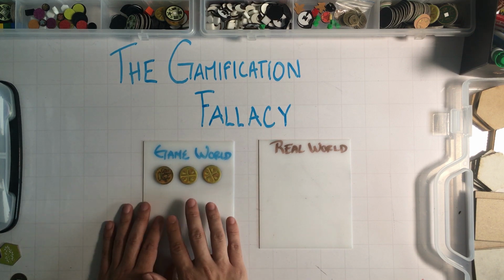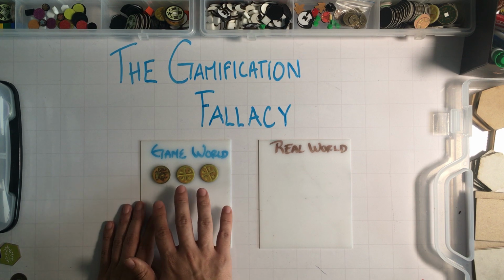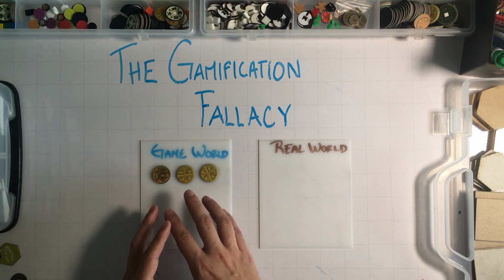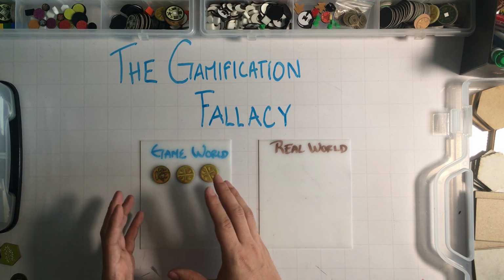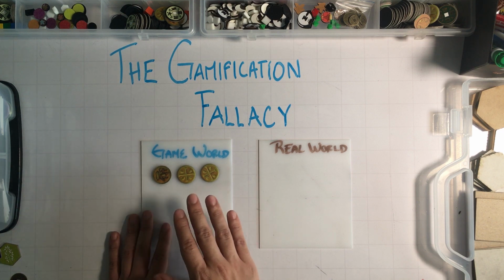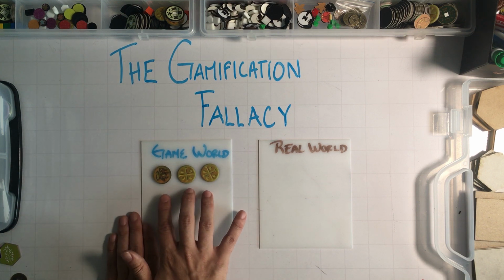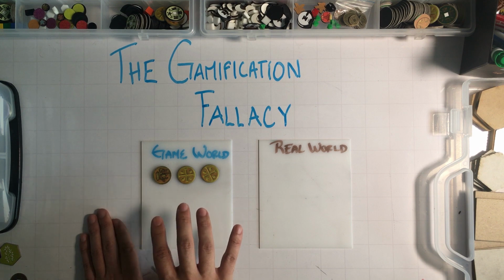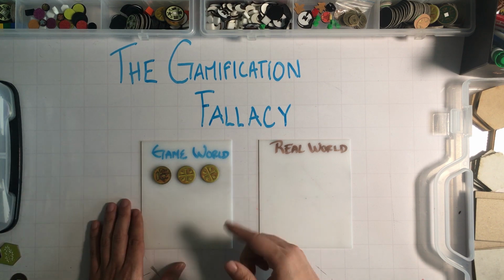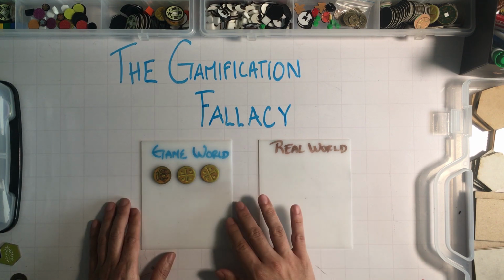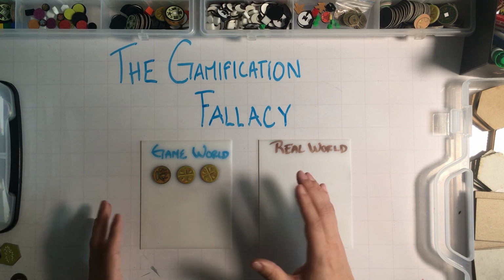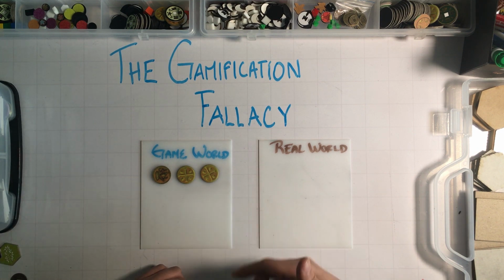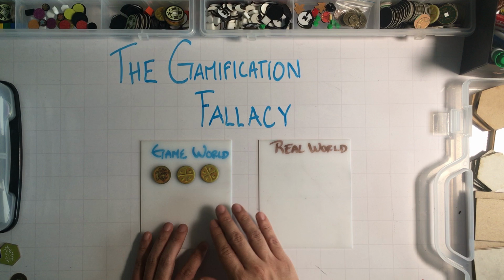We use them as currencies, we use them as ways to track skills. Any numeric parameter in the game world can be called a point. In terms of gamification, we have a more simplistic view of points, and this is something that must change, and I will work around that idea in another video. Points are a really interesting topic that we should understand better as game designers to make better gamification design.